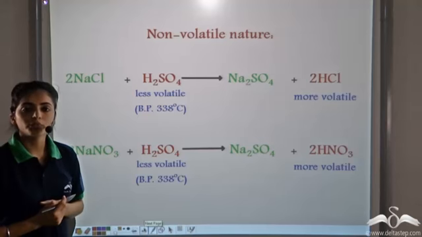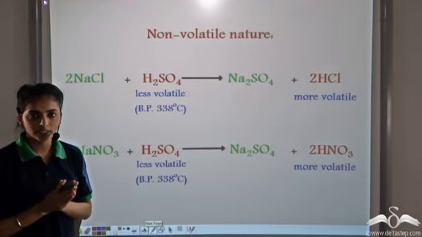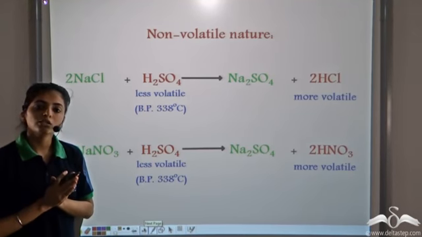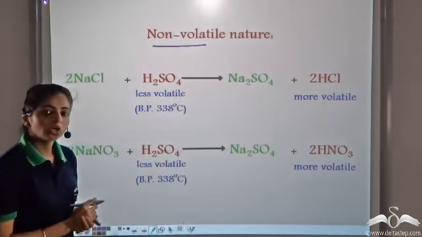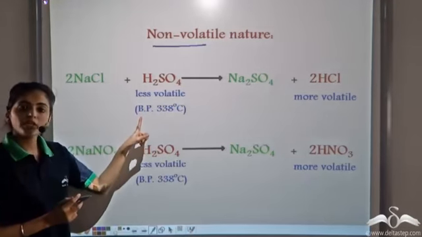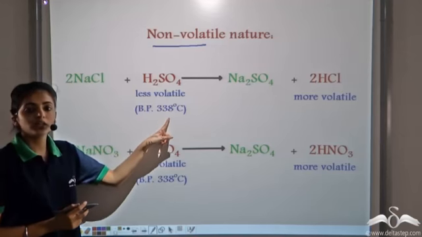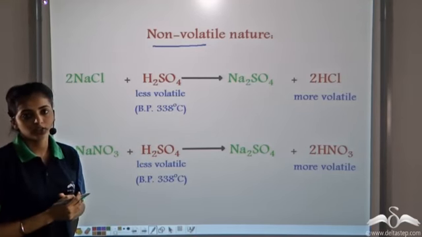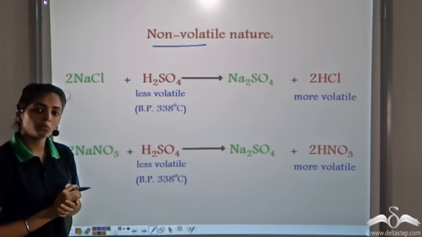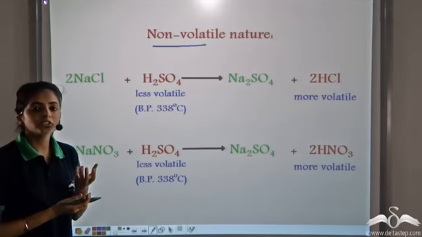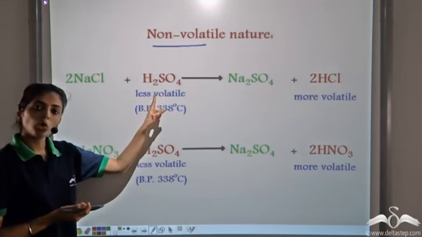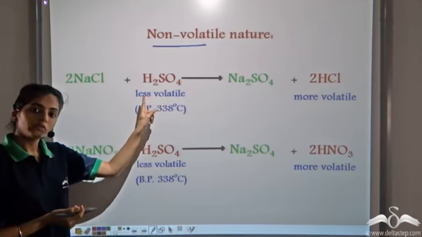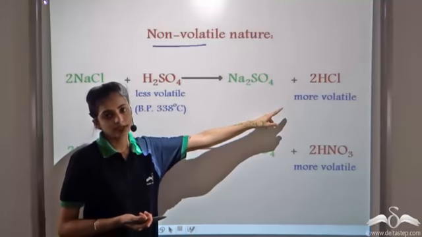Another important property of concentrated sulfuric acid is that it is non-volatile in nature. By non-volatile, we mean that it has a very high boiling point of 338 degrees Celsius. This is a very high boiling point, so it cannot easily change into the vapor state. So from a non-volatile or less volatile acid, we can form a more volatile acid.